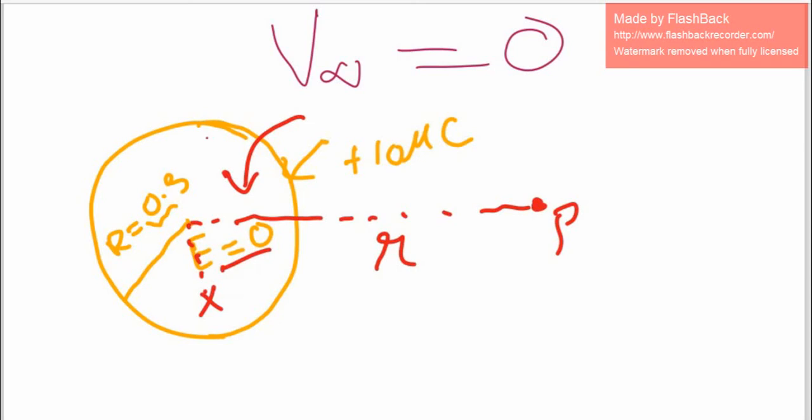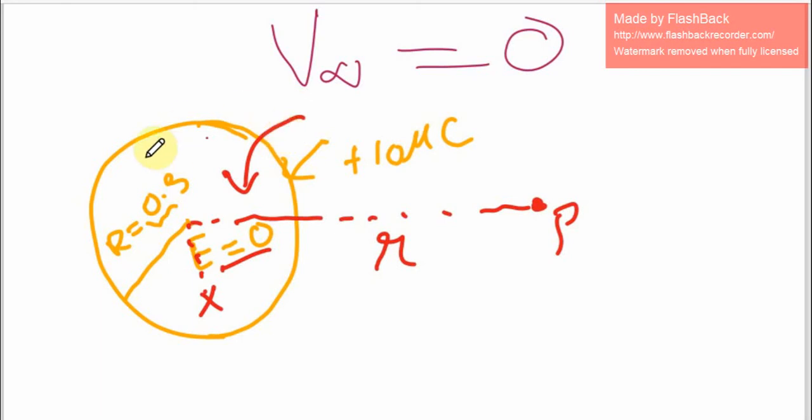If I do no work moving from this surface to going inside the sphere, this means that the potential must remain constant. So the absence of electric field here implies that the electric potential everywhere inside is exactly the same as on the surface of the sphere.